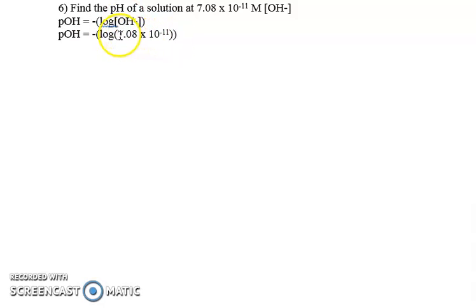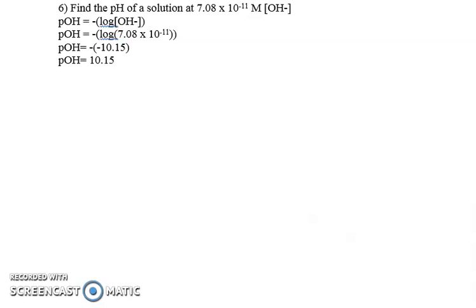Remember to put this value in parentheses as well, which means that your pOH then is going to equal 10.15. The final answer then means that your pOH is 10.15.